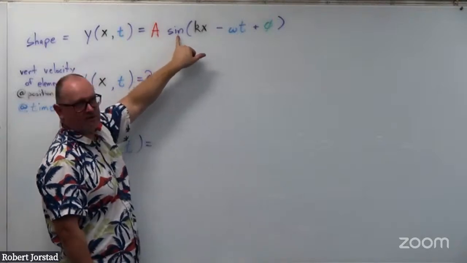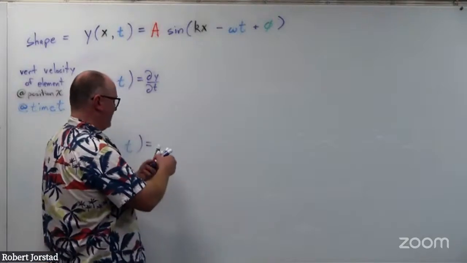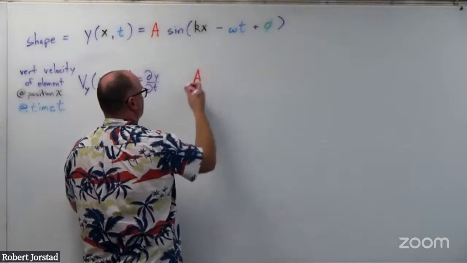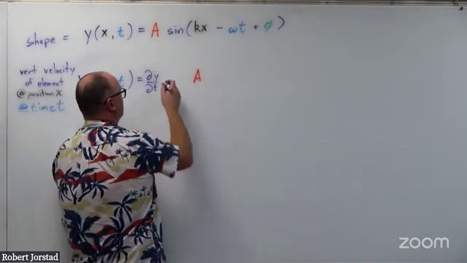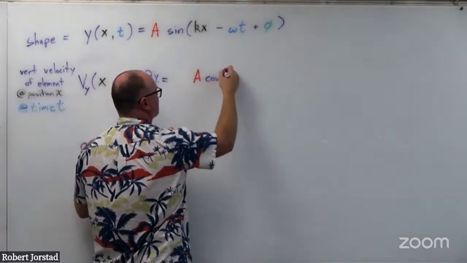Here I go. So in this case, you're going to take a derivative of this. We should get a cosine function. Derivative of sine is cosine, not negative. So I'll get the amplitude as a constant, and then we're going to get a cosine function.